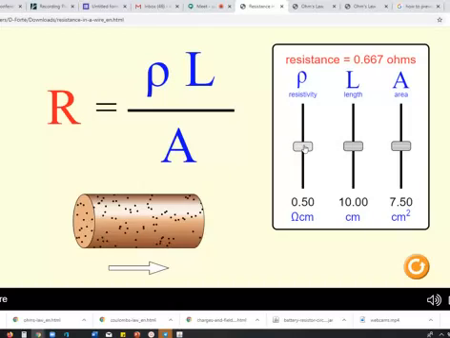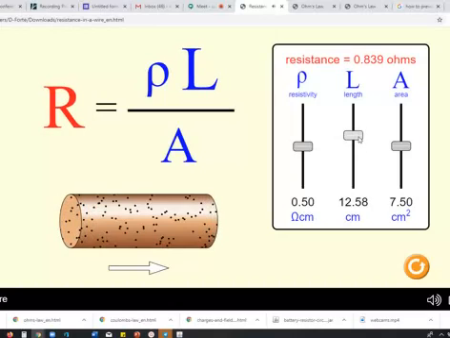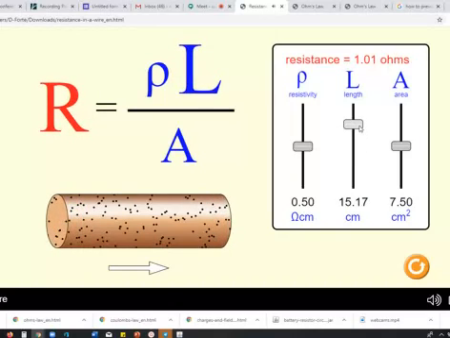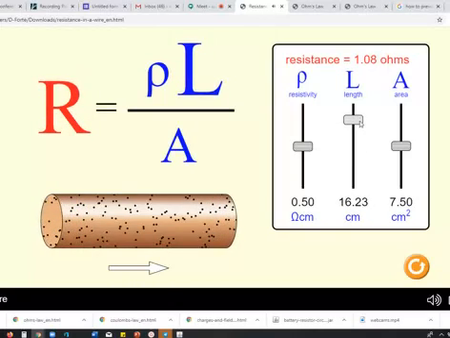Okay? Now, let's look at what happens if I increase length. I want you to observe what will happen to resistance if length is increased. Resistance is changing, right? With increase in length, yes.